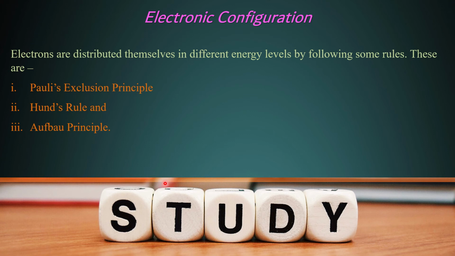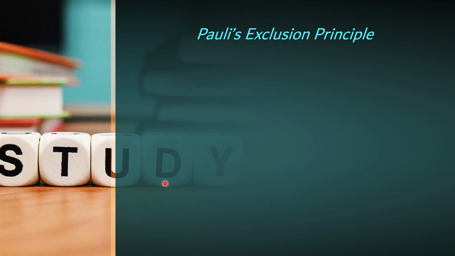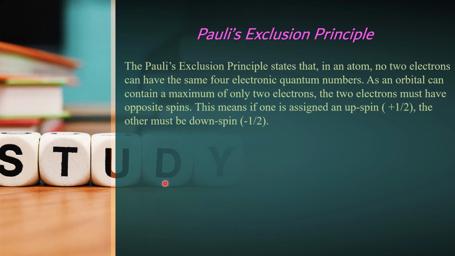So, at first, Pauli's exclusion principle. In Bengali, Pauli's বর্জন নীতি. What is Pauli's exclusion principle? It states that in an atom, no two electrons can have the same four electronic quantum numbers.